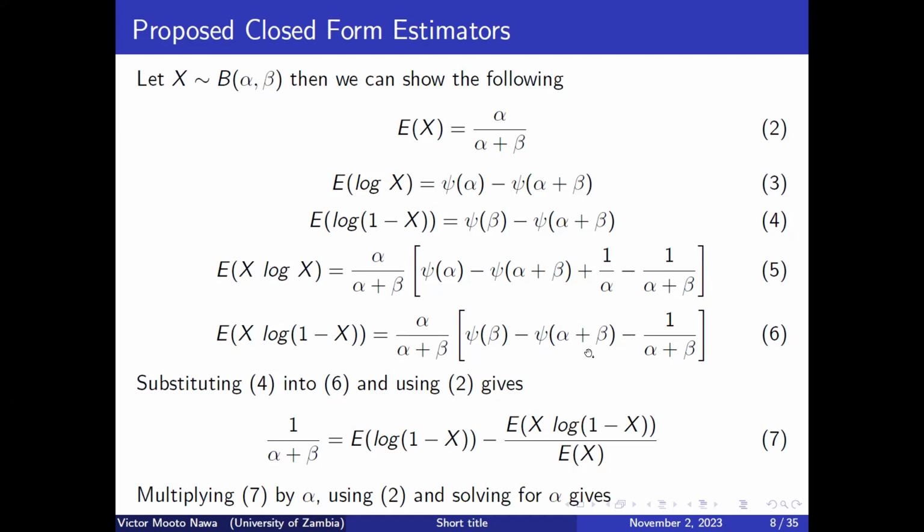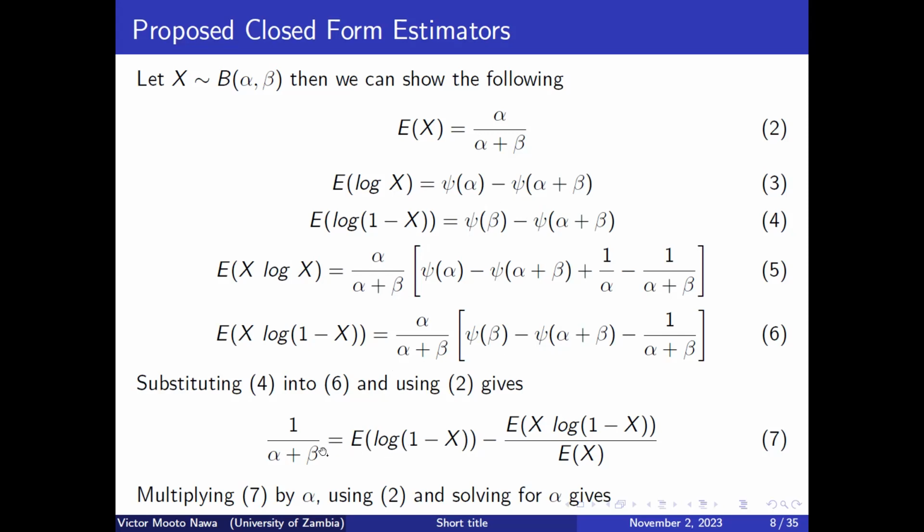The idea now is to substitute 4 into 6, and then get rid of these digamma functions and replace them by this expectation of log of 1 minus x. Similarly, we replace alpha over alpha plus beta by the expectation of x.